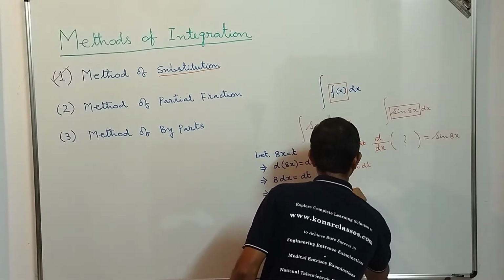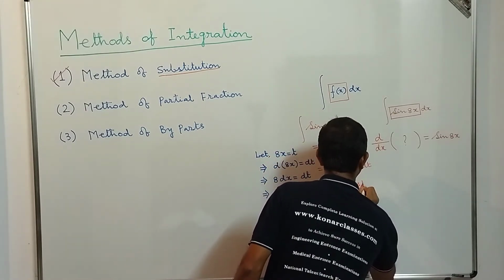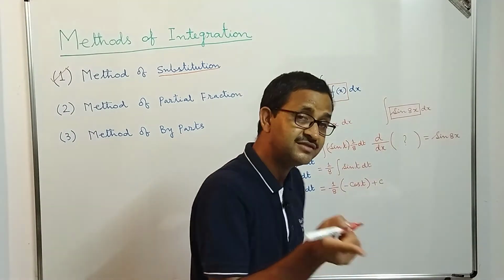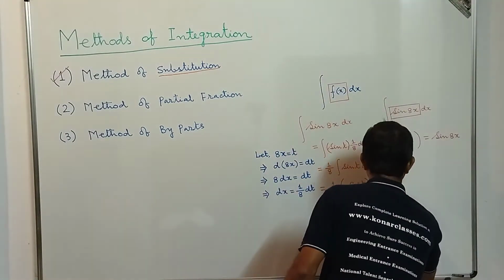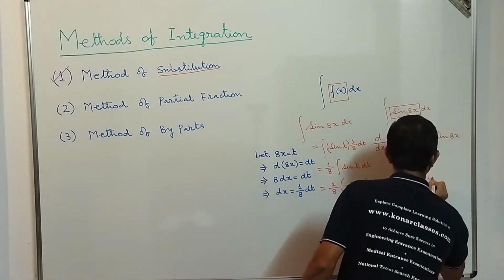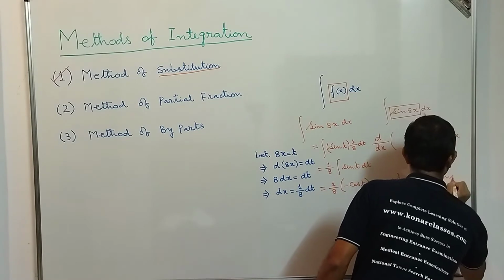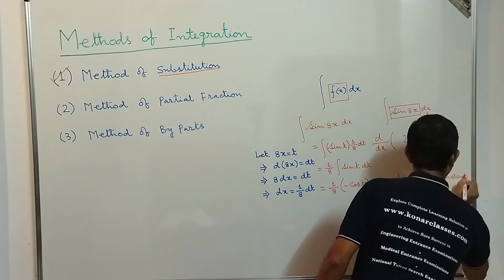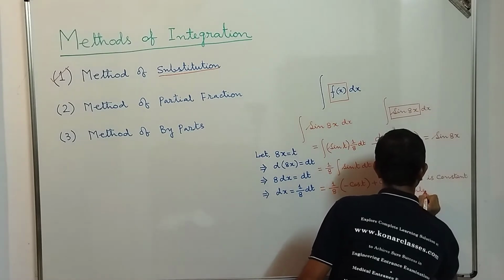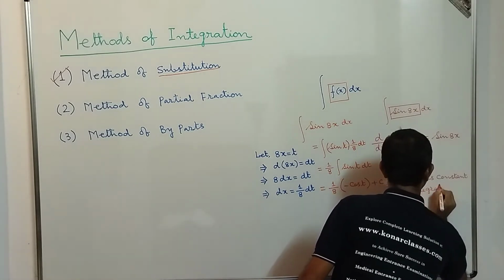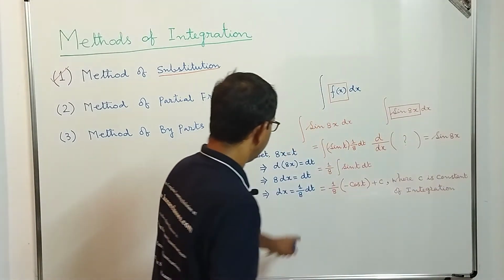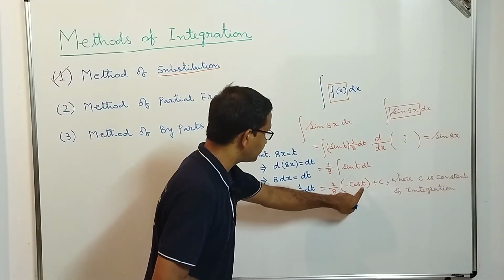This is equal to 1 by 8 times the integration of sin t, which is minus cos t plus c, where c is the constant of integration. Now finally we need to replace back the value of t.